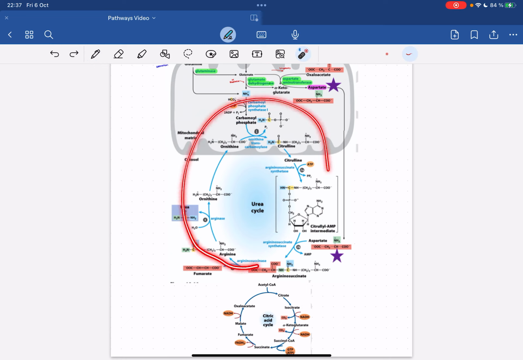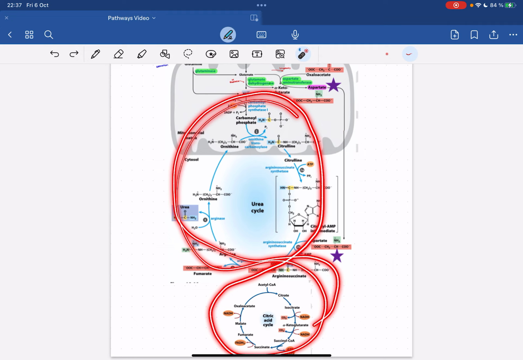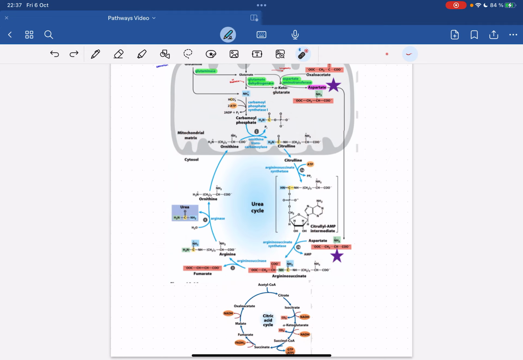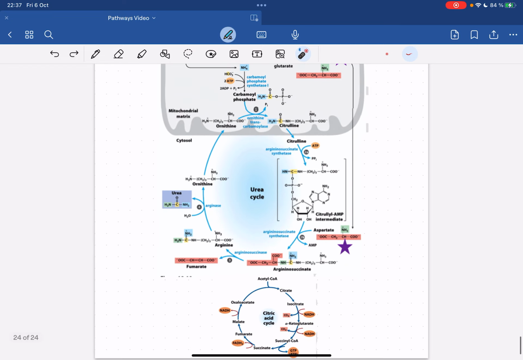This is what we call the Krebs bicycle. So bi means two, so there are two cycles that we're focusing on, and they are somehow linked, and I will explain that in a second.